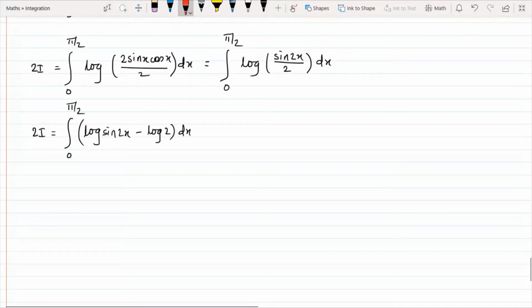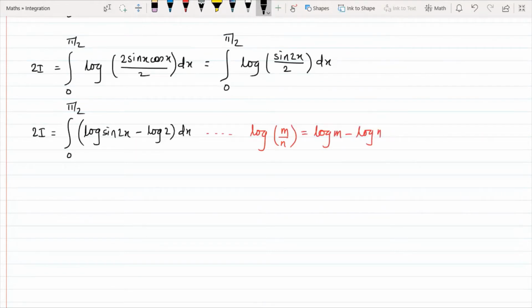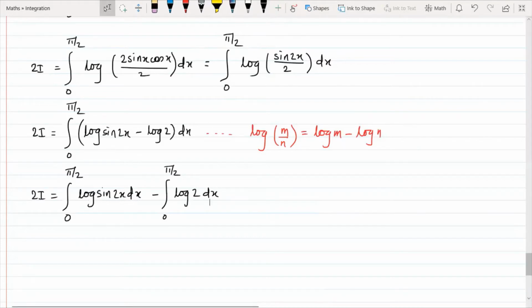Here the property I used is log of m by n is log of m minus log of n. This is the property we used here. Now in the next step, I would like to write this as the integral from 0 to pi by 2 of log of sin 2x dx minus the integral from 0 to pi by 2 of log 2 dx. So I've separated them into different integrals.